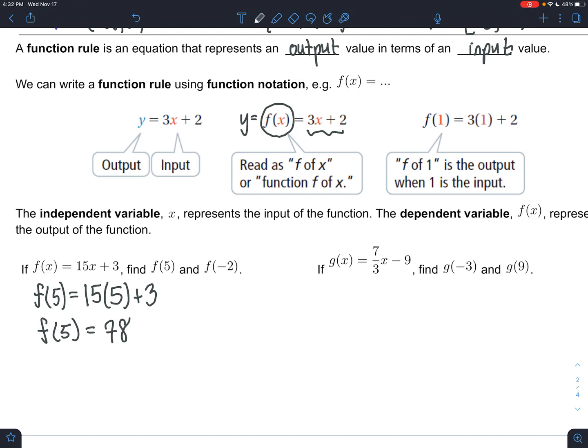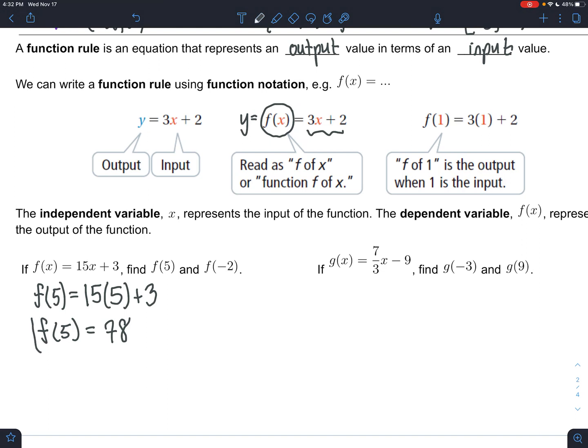If we didn't change the notation, if we just used the regular one, we would get an answer like y equals 78. While that's the right answer, it doesn't really give us much info. If you were showing it to a friend, just saying this doesn't build a lot of context.